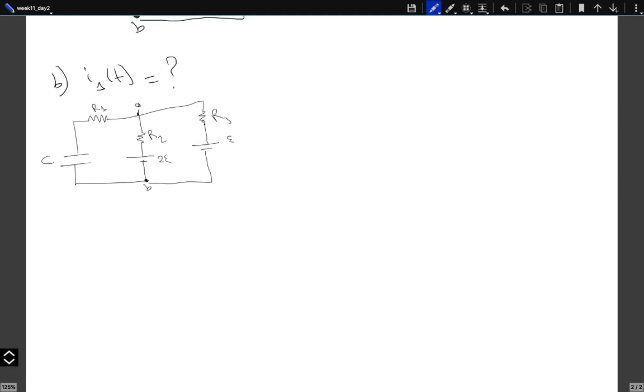Oh, already in the question it is given. This is I3. This is I2. And this is I1. And those are the currents we have. This time there won't be any shortcuts. We have to write down Kirchhoff's equation using the capacitor also.